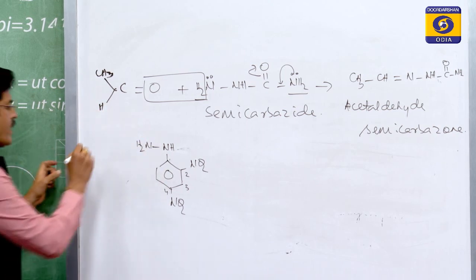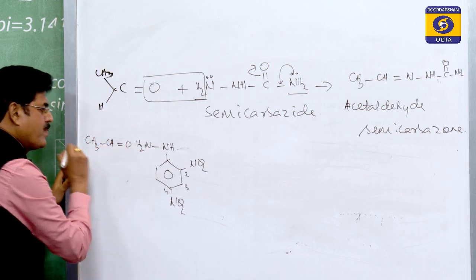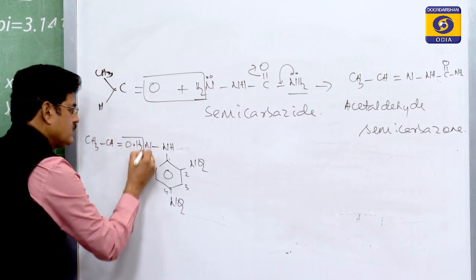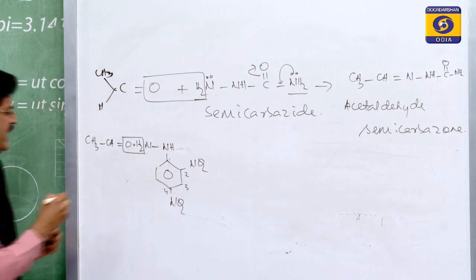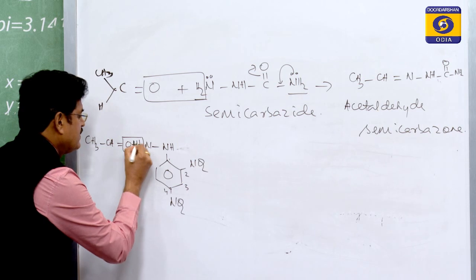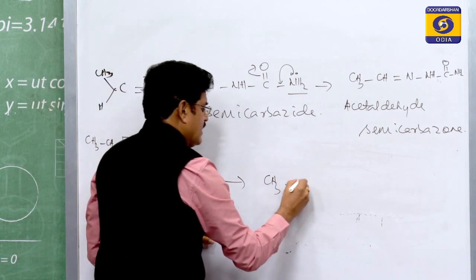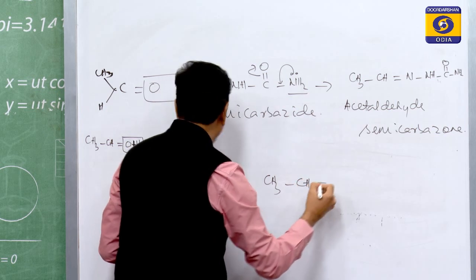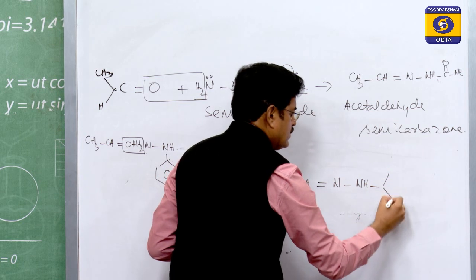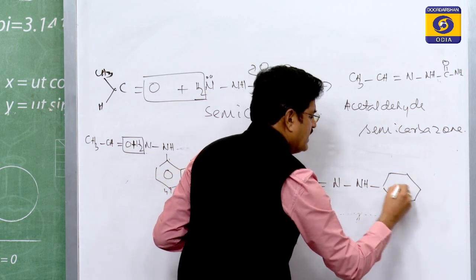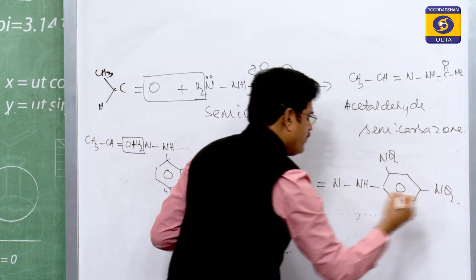Dinitrophenylhydrazine with acetaldehyde gives the phenylhydrazone, acetaldehyde phenylhydrazone.